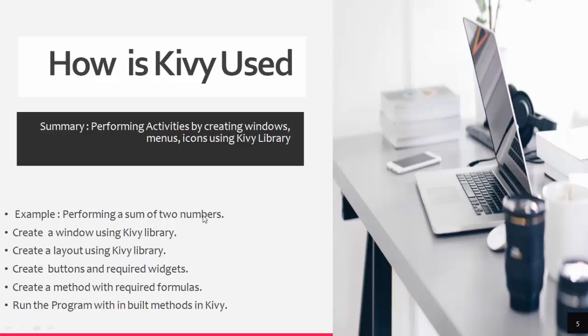For performing a sum of two numbers using windows, buttons, text boxes, and icons in an application with the Kivy library, first you will create a window, like when you open an application, a window pops up. Then you create a layout to make sure the contents are structured as you wish or as your requirements. Then we'll create buttons and the required widgets to perform the task of a sum of two numbers.